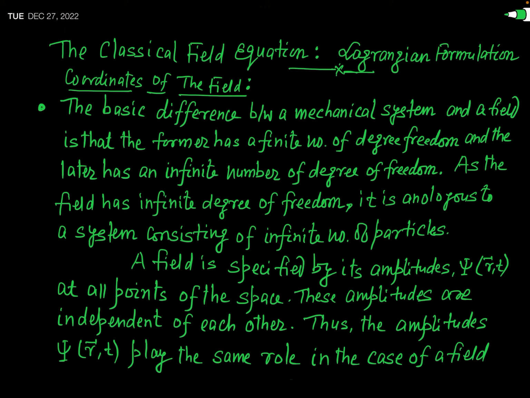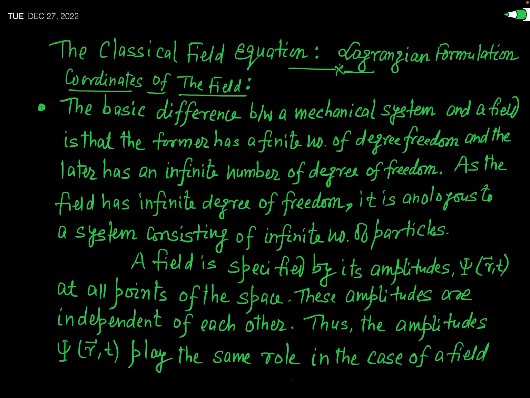If f is the number of degrees of freedom, then there will be f independent variables to describe the state of the system, and those f independent variables are called the generalized coordinates of the system.